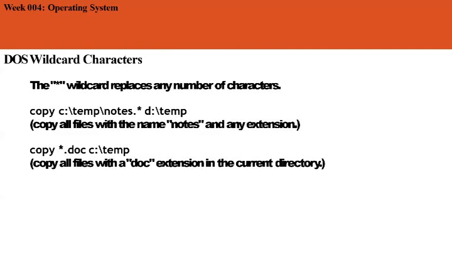Then we can also use the asterisk wildcard, which replaces any number of characters. So for example, copy C:\temp\notes.*. So meaning copy all files with the name notes and any extension. So if there are files with the name notes that are .xlsx or .html or .txt, ikakopy niya yun kasi yung indication niya kahit anong extension basta meron yung word na notes.